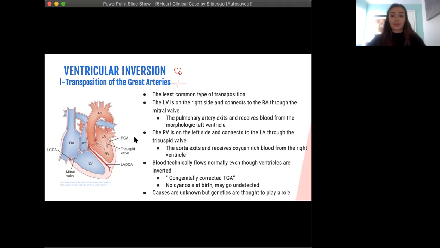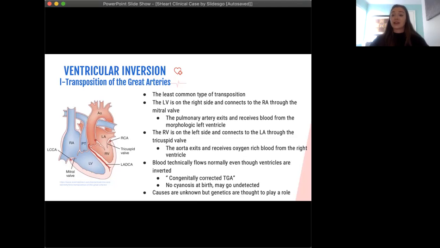So it differs from the more common type of transposition because blood will flow normally, in the sense that the pulmonary artery will receive deoxygenated blood for transfer to the lungs to be oxygenated, whereas the aorta receives oxygenated blood for transferring to the rest of the body.